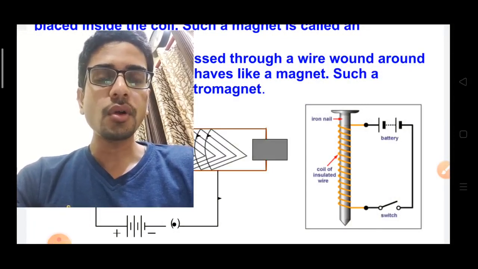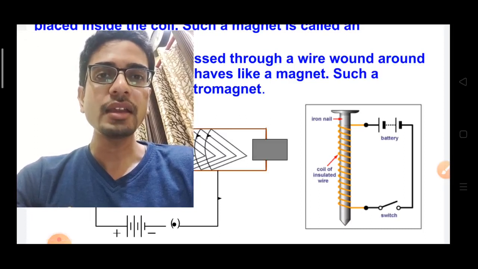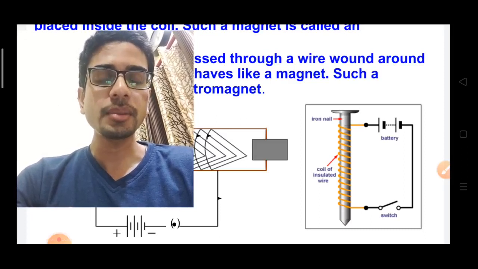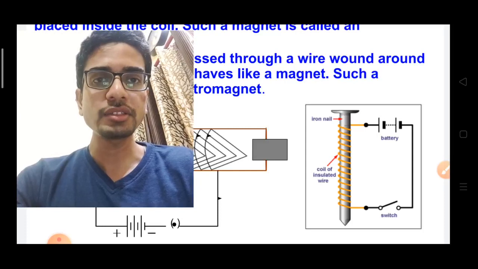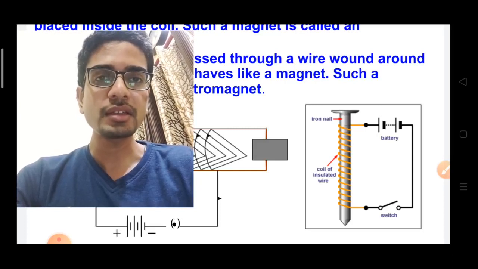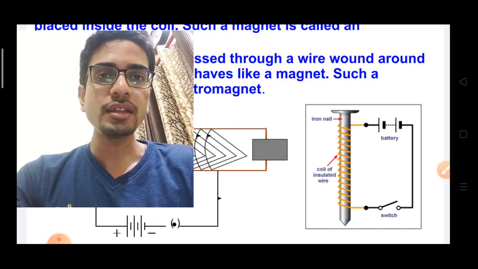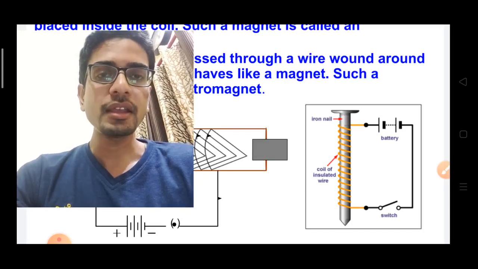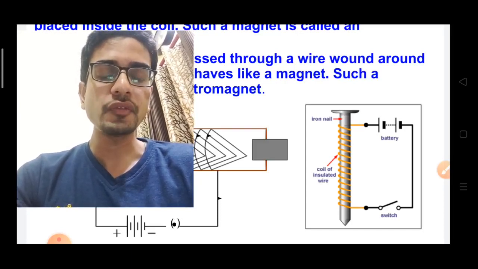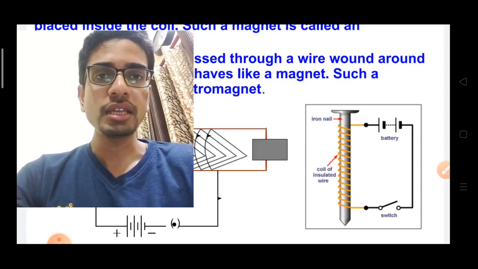You also know that magnets attract or repel each other. If you bring two magnets closer, and like poles are together, they repel each other. And if unlike poles are together, if the north pole is with the south pole, they will attract each other.